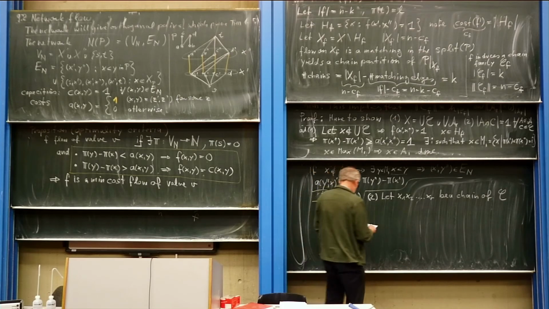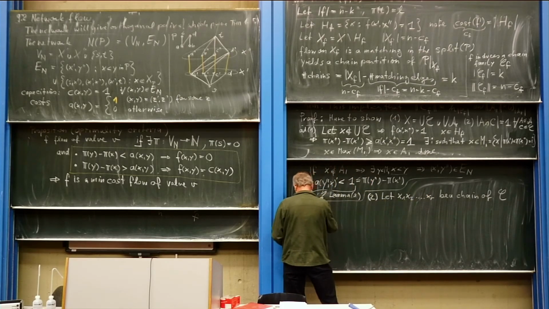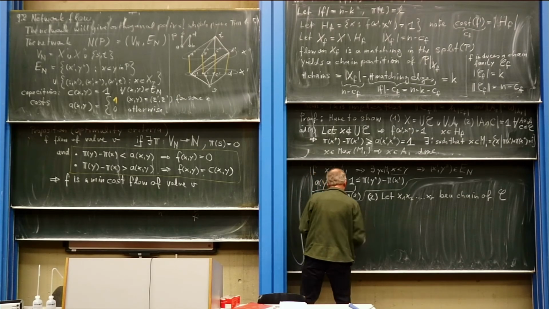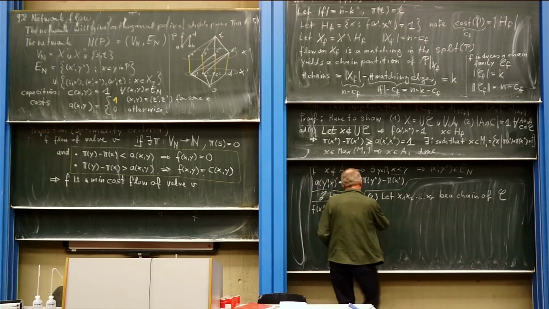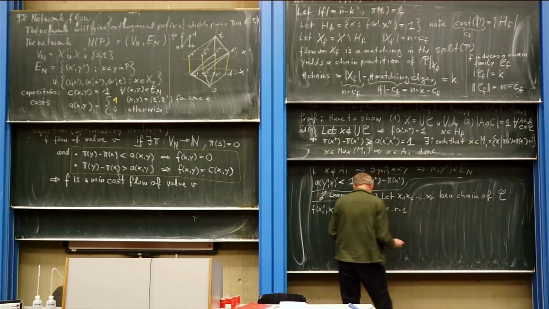So these are matching edges. This implies that F of xi prime, xi plus 1 double prime is a matching edge, is an edge which carries flow, for all i from 1 to r minus 1.